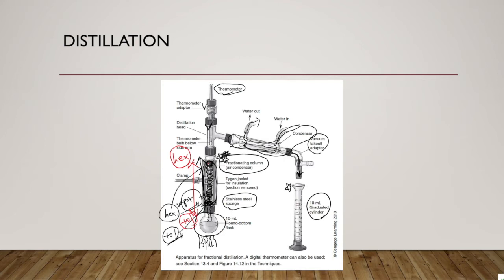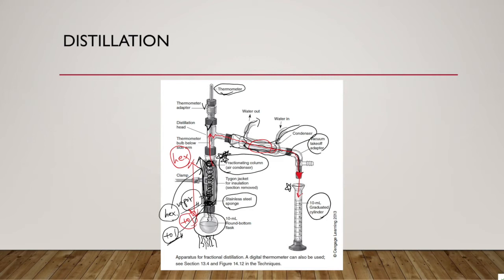And then this vaporized hexane will escape this fractionating column, get into the distillation adapter, then the vapors get into this condenser, and they hit the cold wall, and they condense. And that's where we get the drops of the first component into the collector, which is a graduated cylinder.